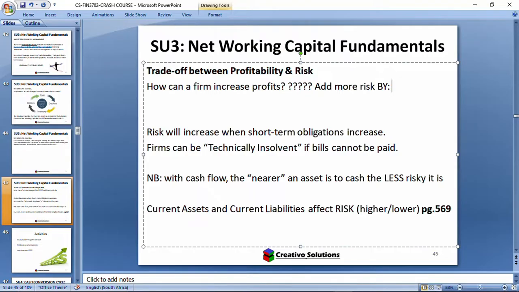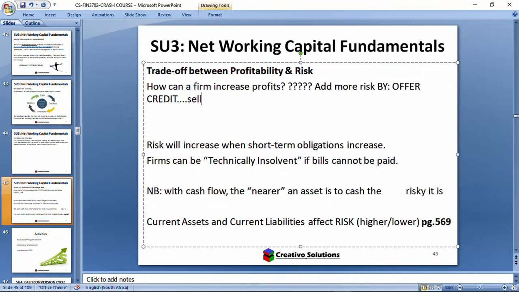Be more specific, how? How are we going to add more risk? What are we going to do? I don't know. Offer credits. Okay. Sell goods to customers.